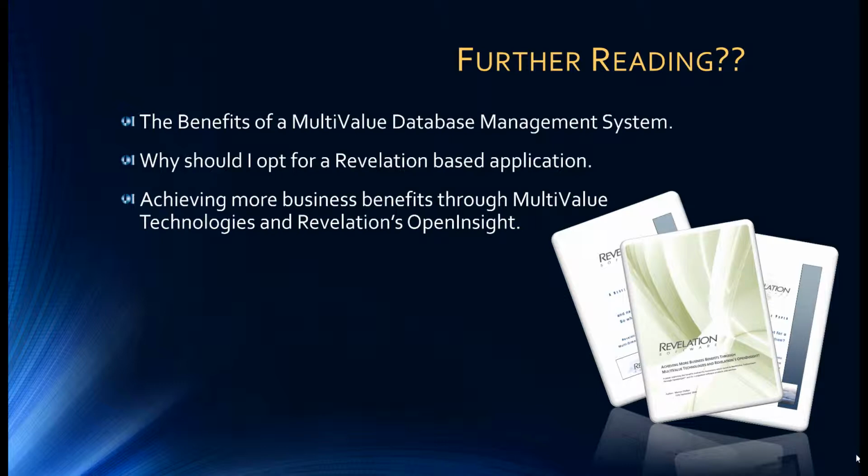But if you do want to learn a little bit more about the benefits of a multi-value database management system, OpenInsight, or why you should be looking at a Revelation-based application if you're not already, or achieving more business benefits through multi-value and Revelation's OpenInsight, give me a shout. I'll dig these white papers out and email them over to you. But just bear in mind that they are very old. They've got some screenshots of some OI9 screens, and they really do need to be rewritten.